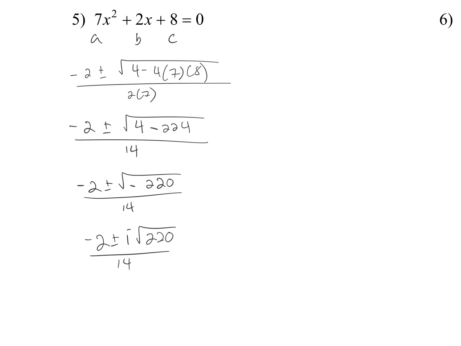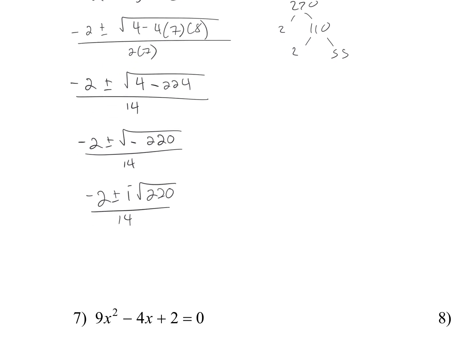And then let's figure out what this simplifies to. So let's do 220. I'm going to divide it by 2. It's 110. Is 2 and 55. I can do 11 and 5, but that's not going to give us anything else.